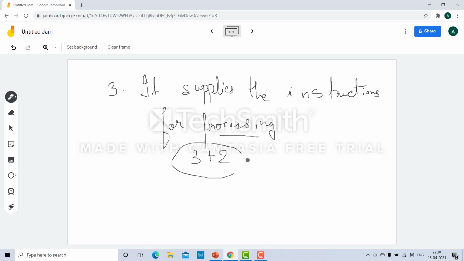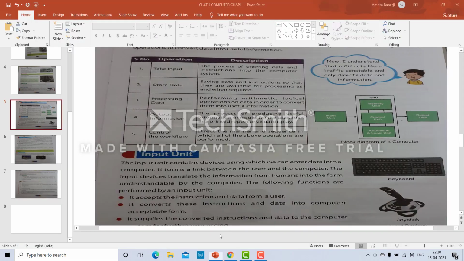It has to be processed by the ALU. So the input device will give A plus B, and it will be transferred by the CPU to the ALU to get the result 5 on the output device. So it supplies the instructions for processing, children. These are the different functions which are done by the input units, and the very common input units we are very much familiar with are the keyboard and the joystick, children.